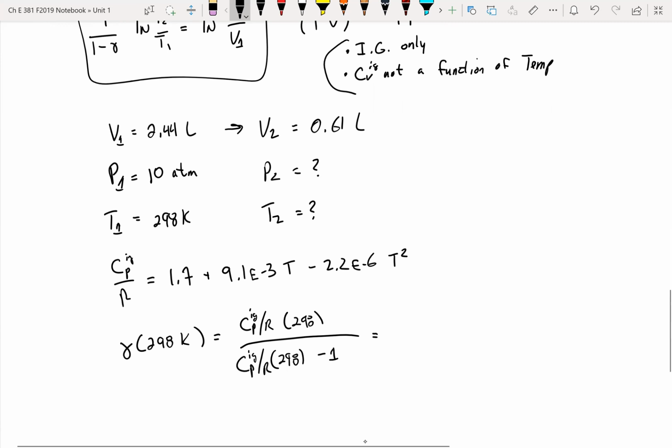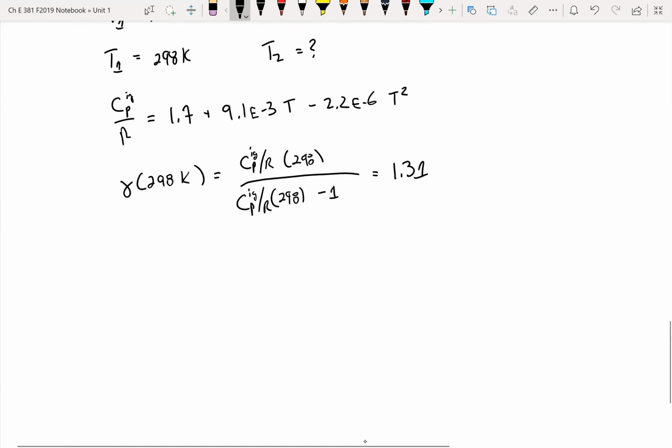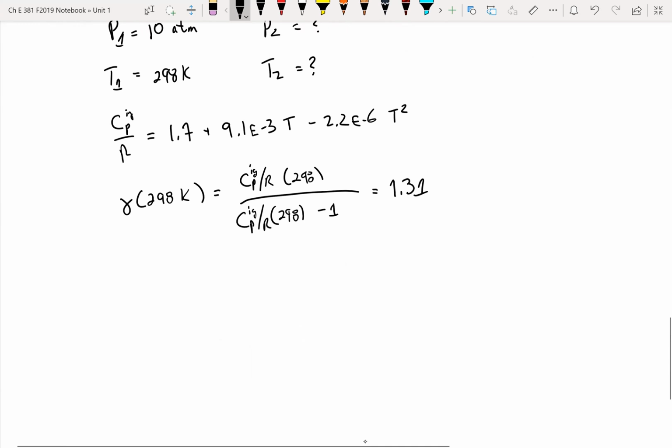You plug in the numbers there and we are going to get a value for gamma equal to 1.31. So gamma 298 equals 1.31.